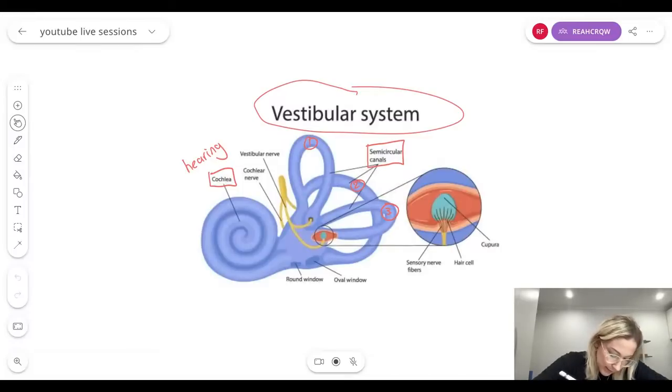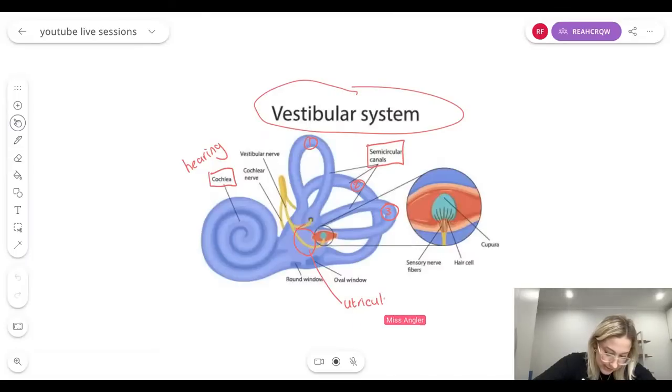And then right at the bottom here, I'm just going to look for a better place to maybe ring this around. But sitting in this swollen area at the bottom here, it's not labeled, but I'm going to label it for you, is the utriculus and sacculus. Now, the utriculus and sacculus, they are there to tell you if you are upright or if you are lying down.